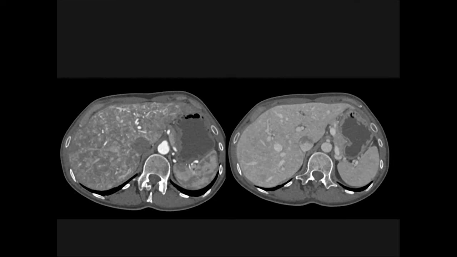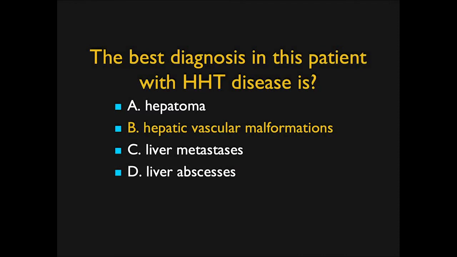Patients with HHT disease, they classically get pulmonary AV malformations, but we also see AVMs in multiple other organs. And you want to call these multiple AVMs, you want to call it telangiectasias, regardless. That's what it is. Can be focal, but usually it's diffuse in the liver. Don't confuse it with other pathology. Just a really nice example.